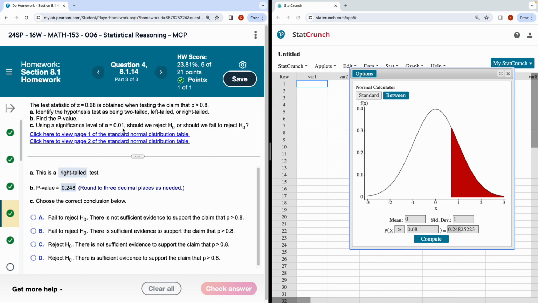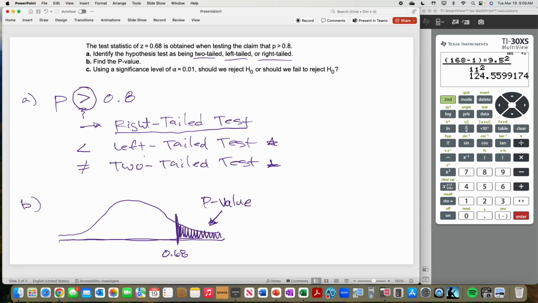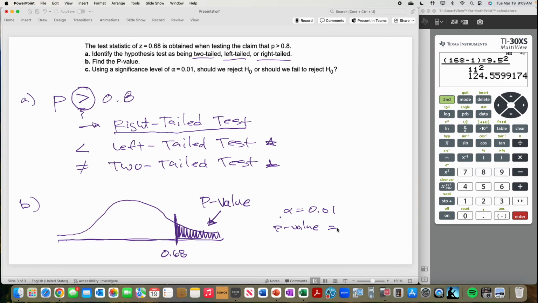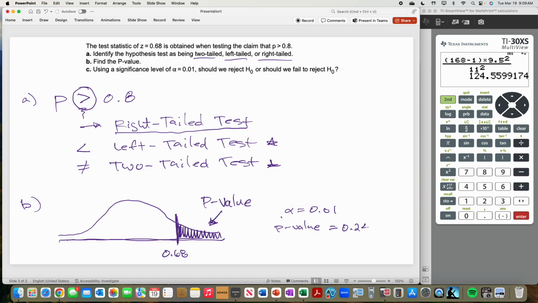Well, that has to do with alpha. So notice that they've given us an alpha of 0.01. Now 0.01 is less than 0.248. So let's write this out. So our alpha is 0.01, and our p-value is equal to 0.248.